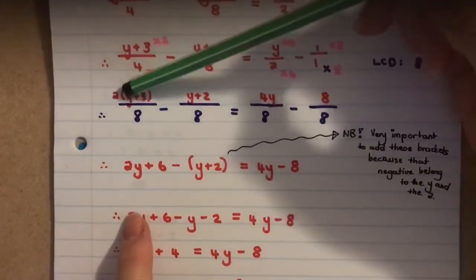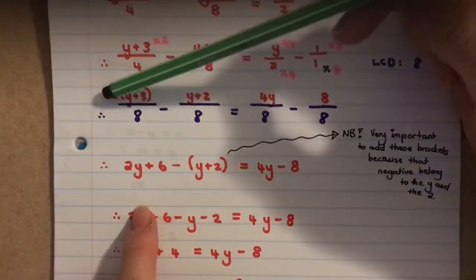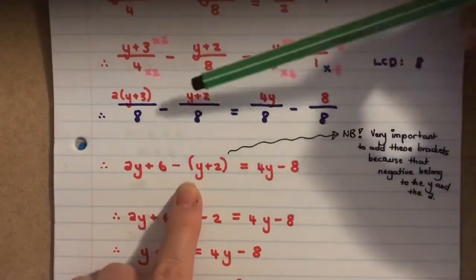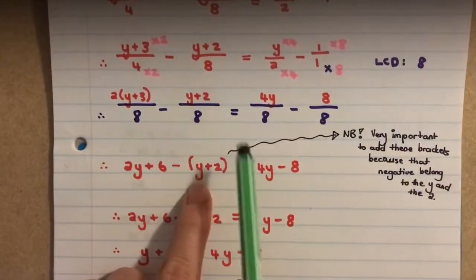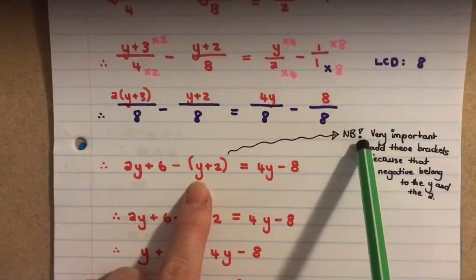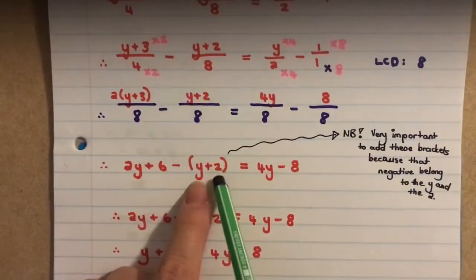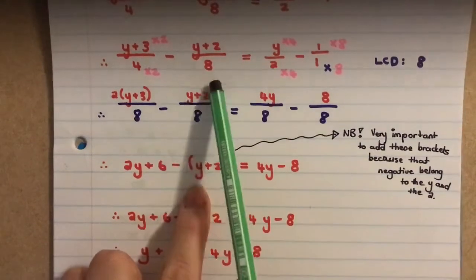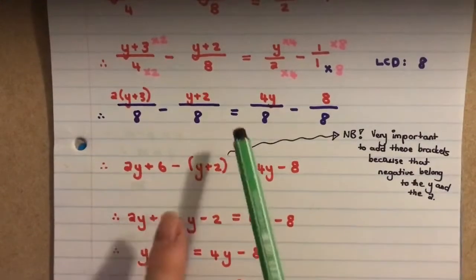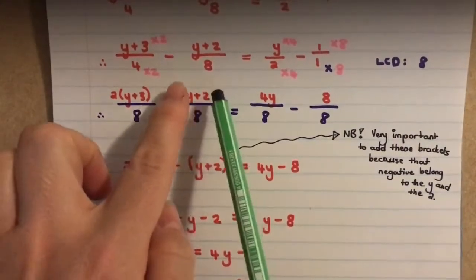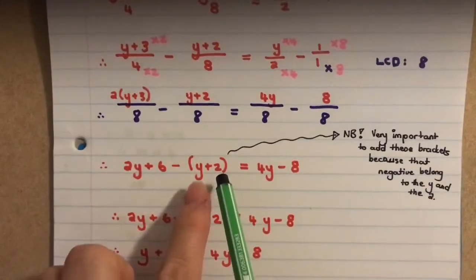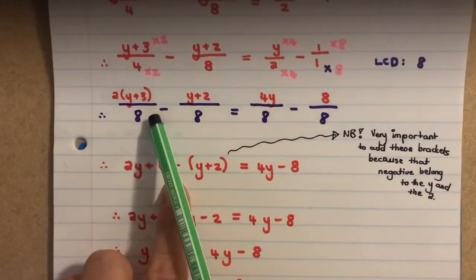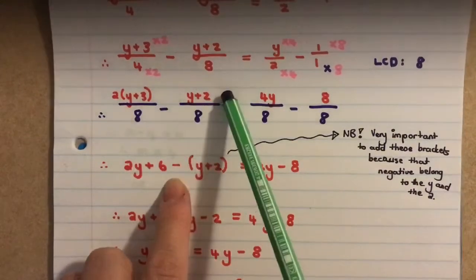So please, now you can go and distribute that 2 in there if you haven't already. 2 times y is 2y. Plus 2 times 3 is 6. Minus, now very, very important. I even made a little squiggly here to remind you that when you bring it down off its high horse, as I think I said in a previous video, when you bring that y plus 2 down, because there's 2 terms in there, and it comes and stands on the ground, you have to put a negative in front because that negative is applicable to the y and to the 2.